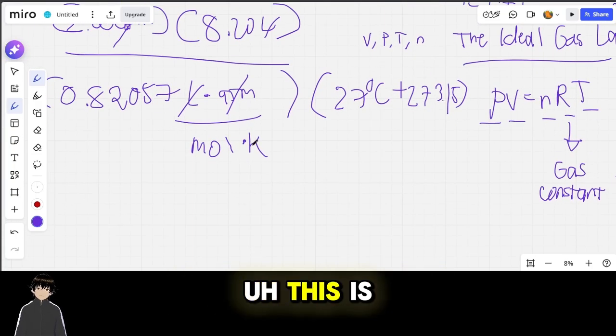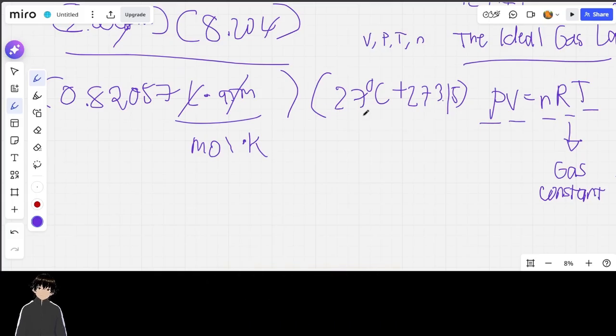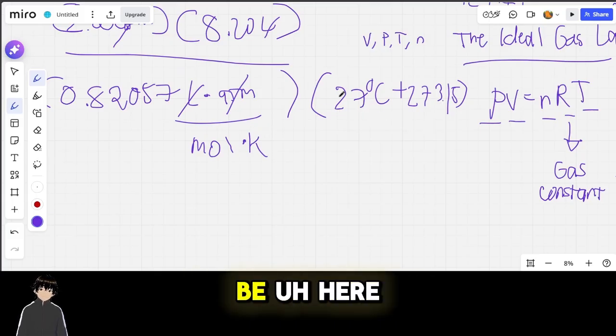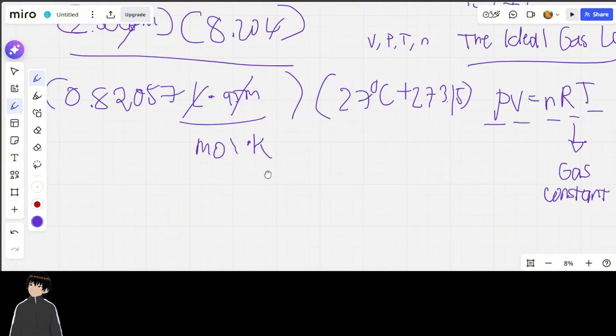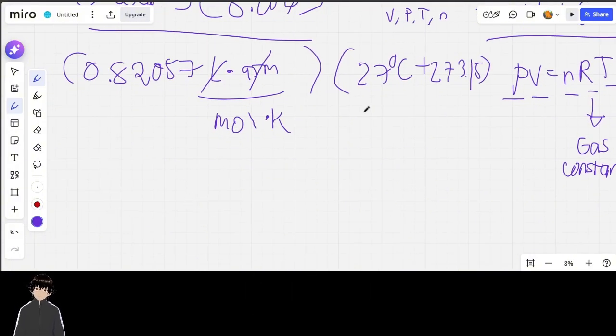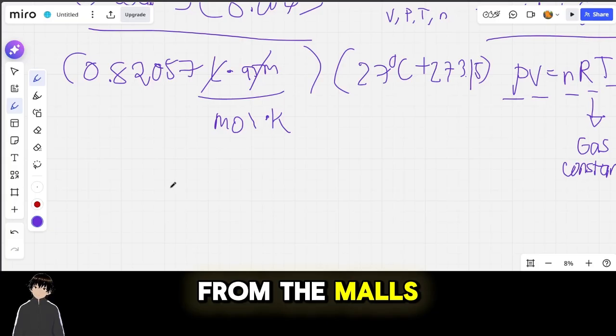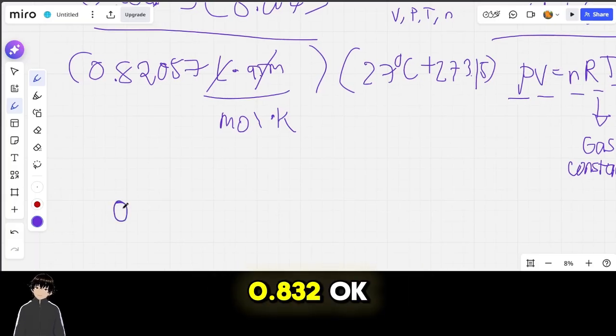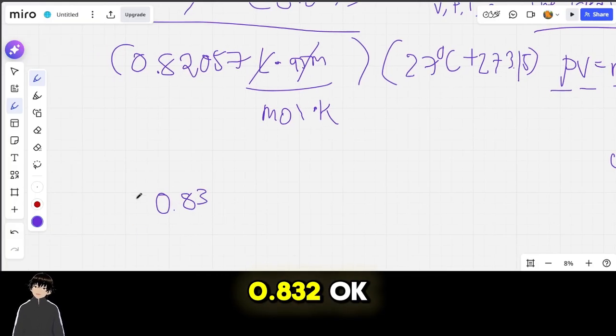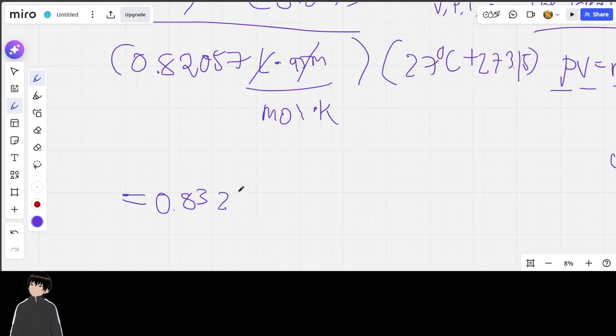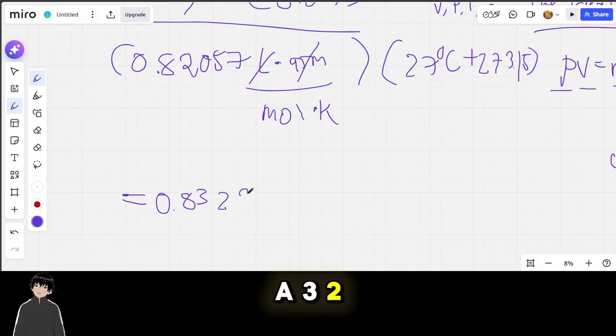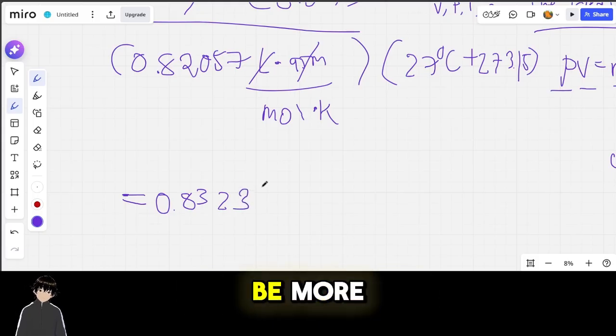Considering this is going to be K, the only thing that's going to be left is the moles. So we have 0.8323. That's going to be moles.